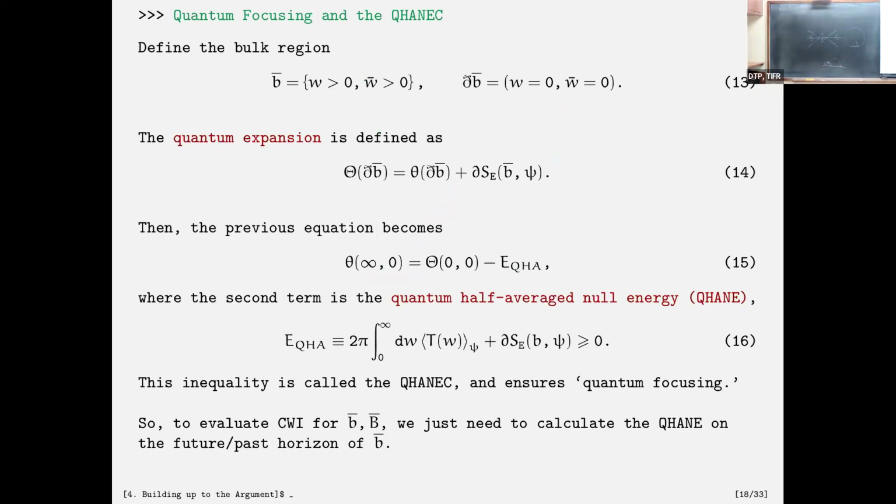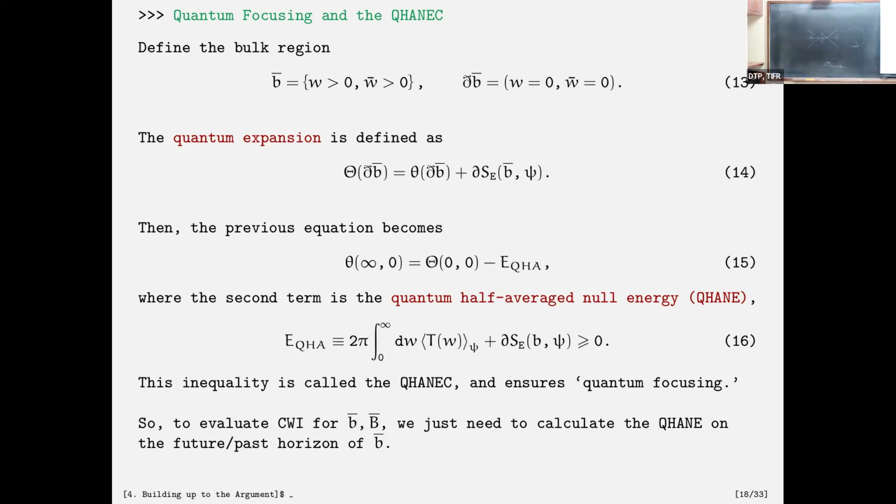So now again, let me just do the quantum version. Take a bulk region, which is a right wedge, W greater than 0, W bar greater than 0. Its boundary is 0, 0. I define the quantum expansion of the boundary to be the classical expansion of the boundary plus the null derivative of the entanglement entropy of the region little b.